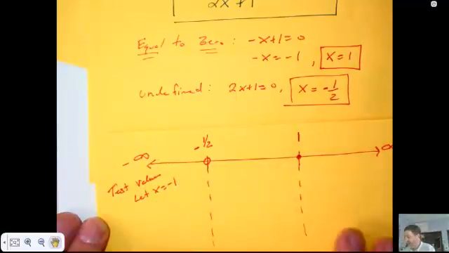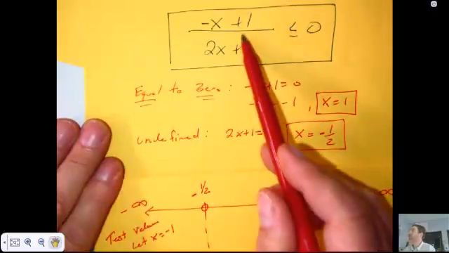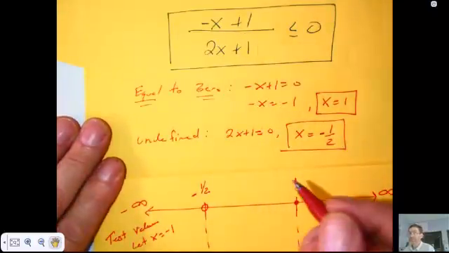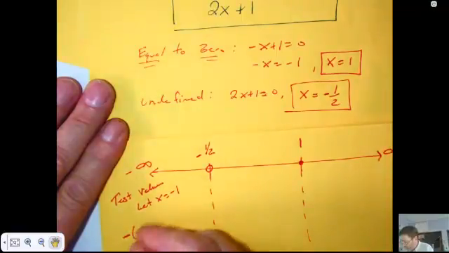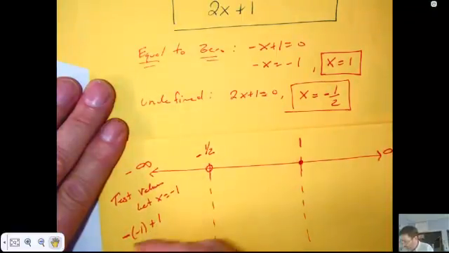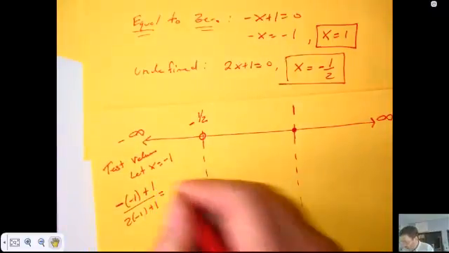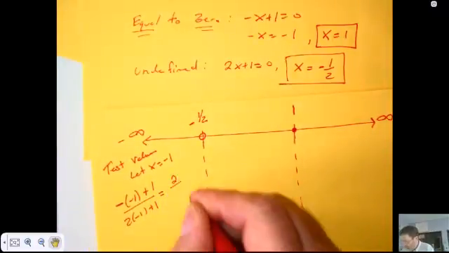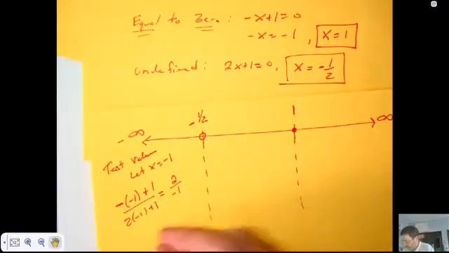Then I'm going to plug that into my expression: negative times negative 1 plus 1 over 2 times negative 1 plus 1. So the top would be 2, the bottom is negative.